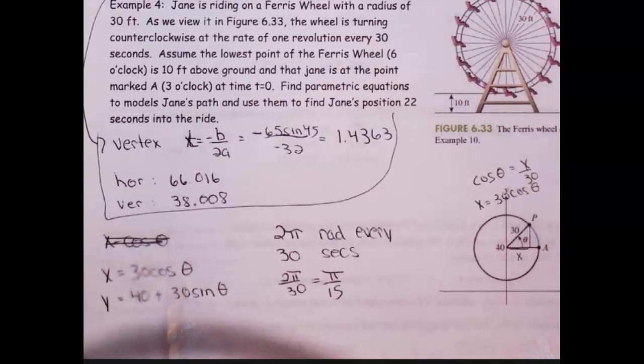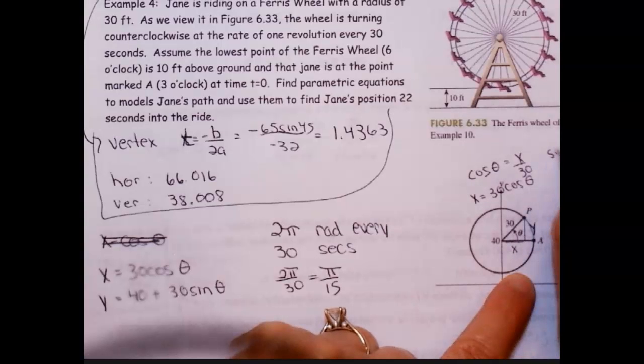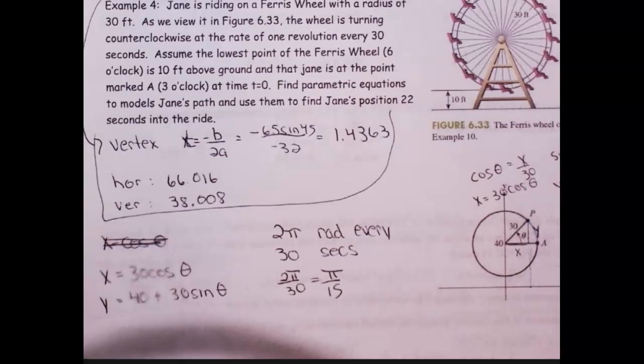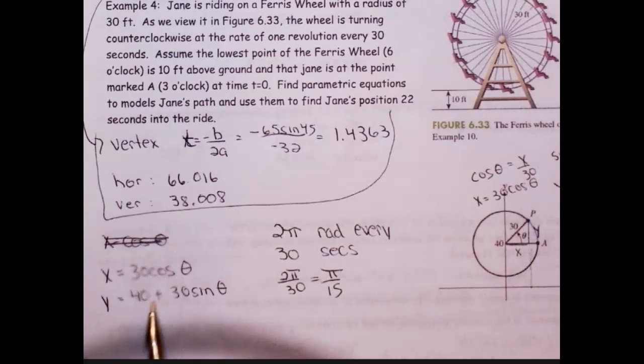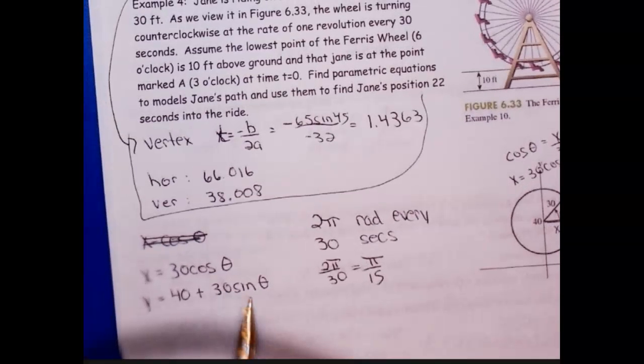Now your y value would be here, and again, you would be doing sine of theta equals y over 30. So y equals 30 sine of theta, but you have to remember that you are adding on 40 feet right here because your radius is 30 and then you've got 10 additional feet. So that's how we're coming up with 40 plus 30 sine of theta. But we need that theta in terms of time.